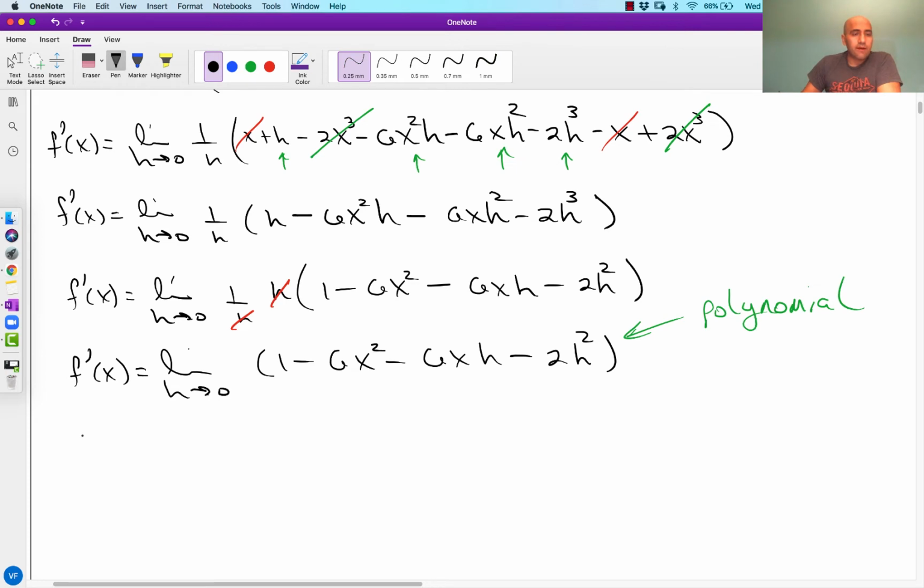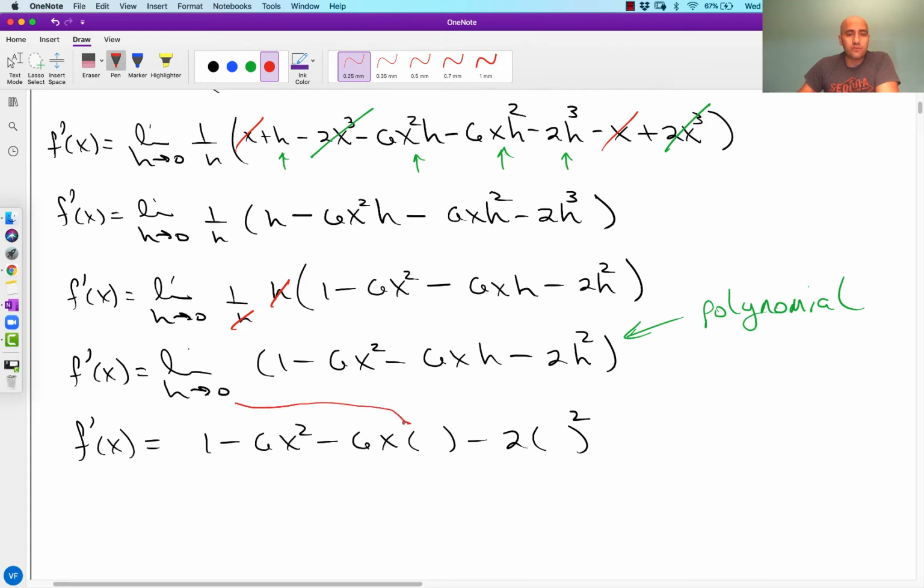So we don't need the limit anymore. This is going to be equal to 1 minus 6x^2 minus 6x times blank minus 2 times blank squared, where I get to replace that h with a 0. So there'll be a 0 there, and likewise a 0 there, because I'm finding the limit as h goes to 0. Okay, and 0 times anything is going to be 0, so we get that our derivative is going to be equal to 1 minus 6x^2.